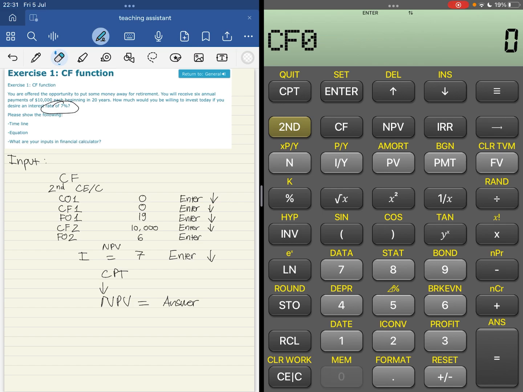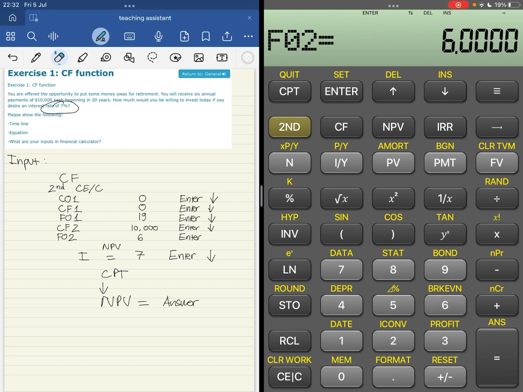And we press 0, Enter. Go down. CO1 is the same thing as CF1 that is right on the left side. It's also equal to 0. Enter. Go down. FO1 is equal to 19. Enter. Go down. CO2 is the same thing as CF2 on the left side. It's 10,000. Enter. Go down. And FO2 is equal to 6.